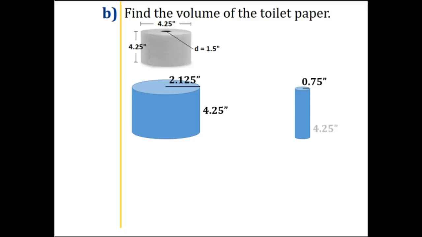No. So the height's going to be the same, right? 4.25. Right? So now all we have to do is find the volume of both of these. Go ahead and find the volume of these two equations. Because we're going to subtract the volume of the roll from the larger toilet paper roll. So go ahead and work the equations.